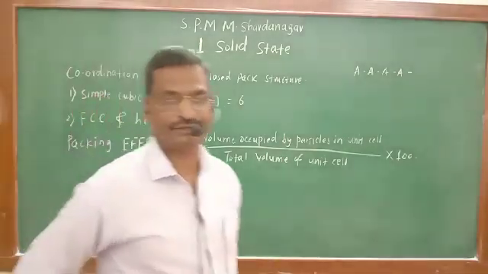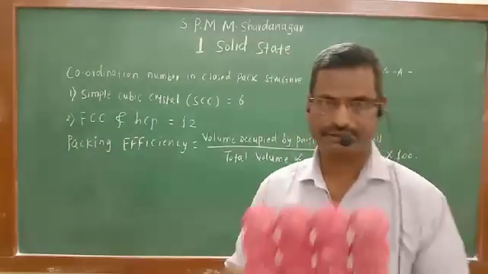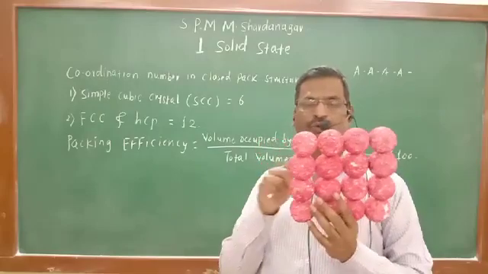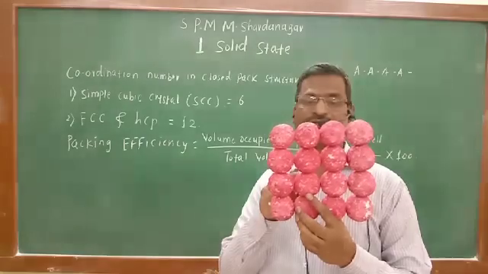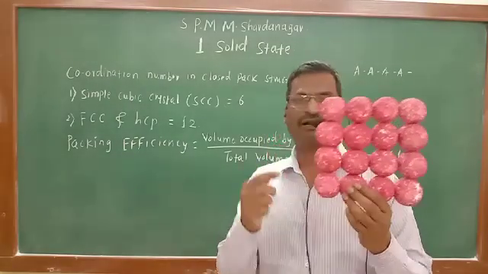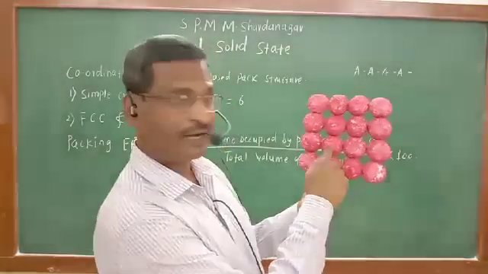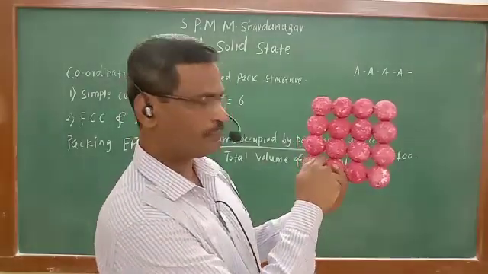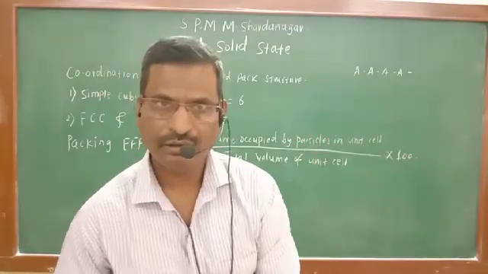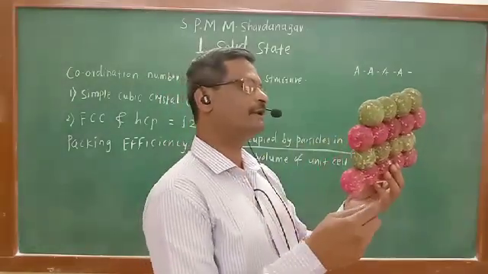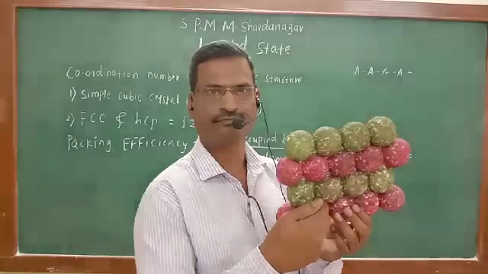Then the number of voids. In a tetrahedral structure like this, for one particle, how many voids are there? It is covered by 4 tetrahedral voids, 1, 2, 3 and 4. For the hexagonal type, it is covered by 1, 2, 3, 4, 5, 6, that is 6 voids.